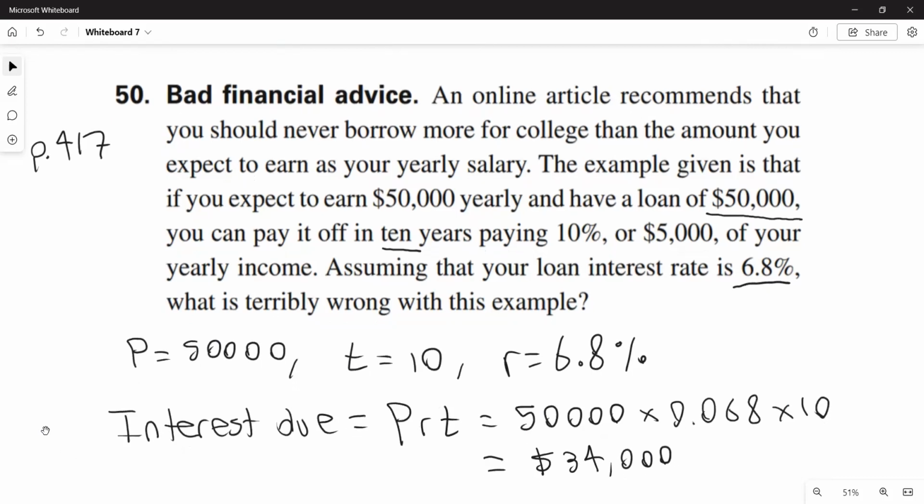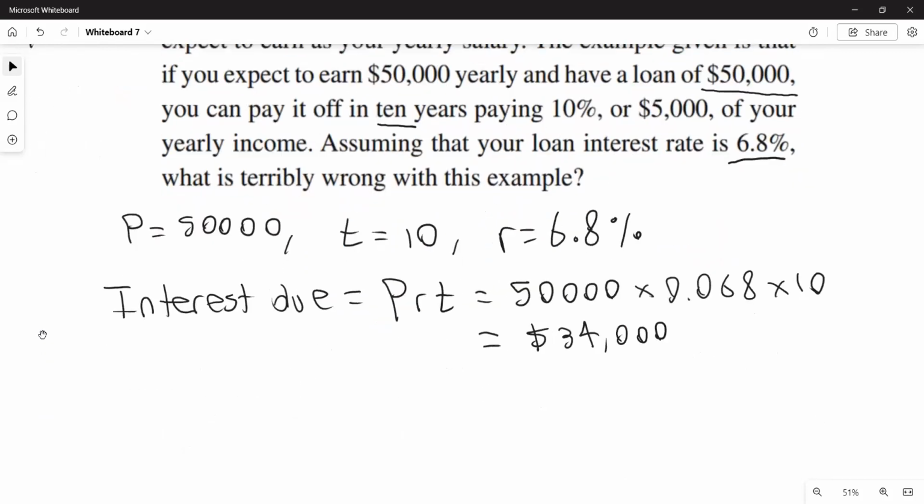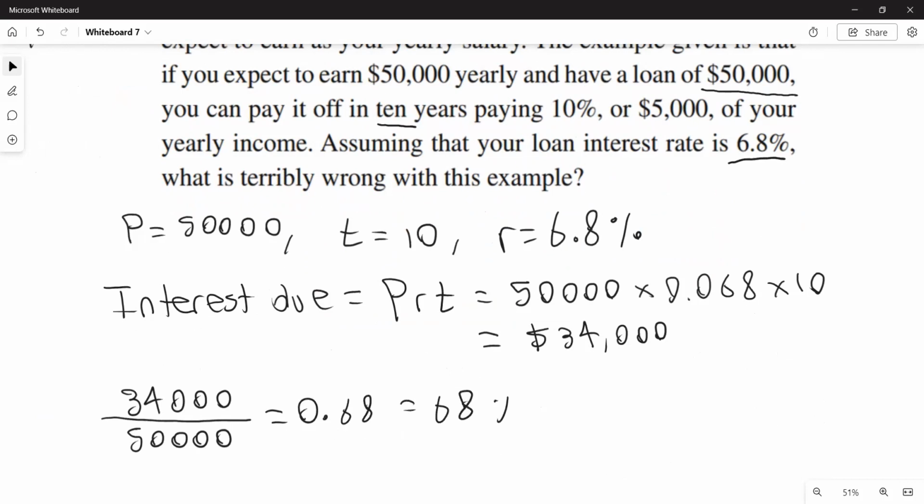So what is terribly wrong with this example is that 34,000 over 50,000 is 0.68 or 68%. That's certainly more than the 10% they mentioned.